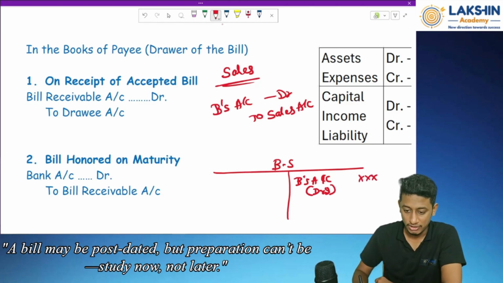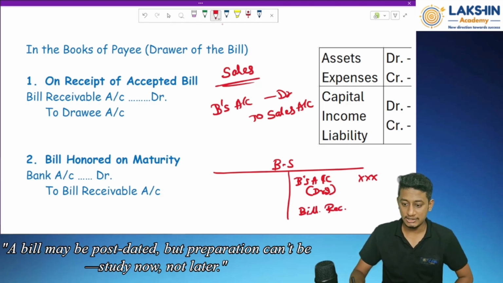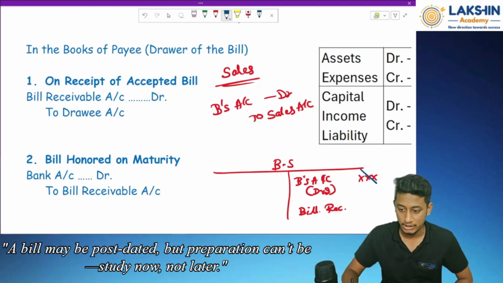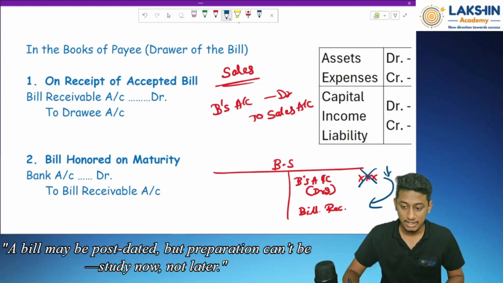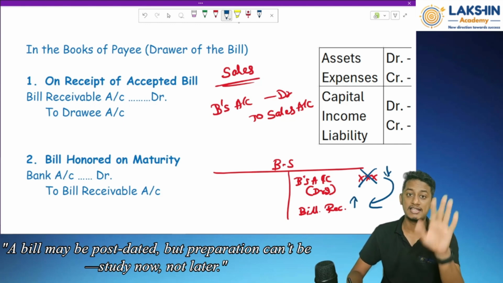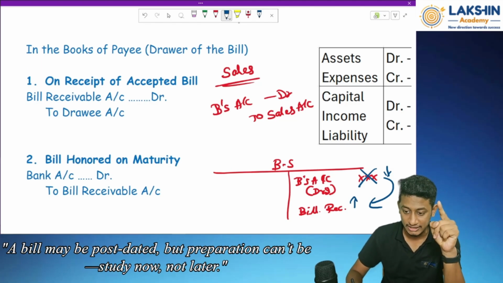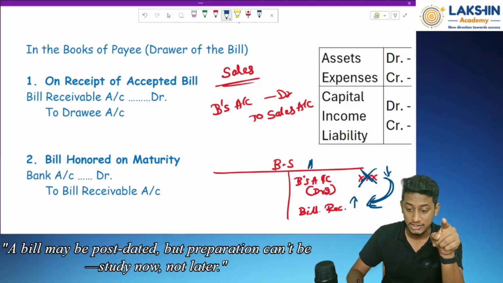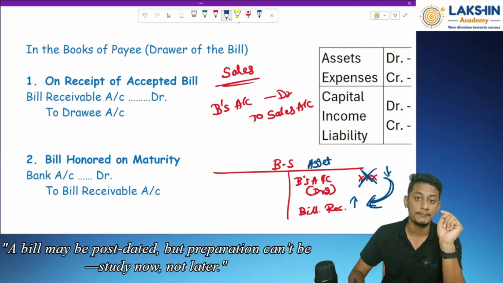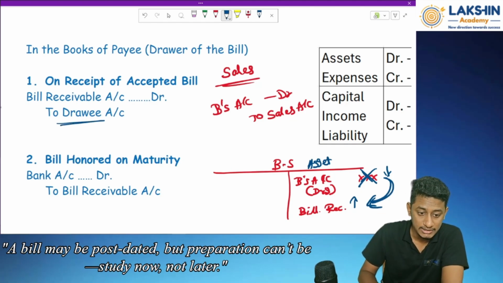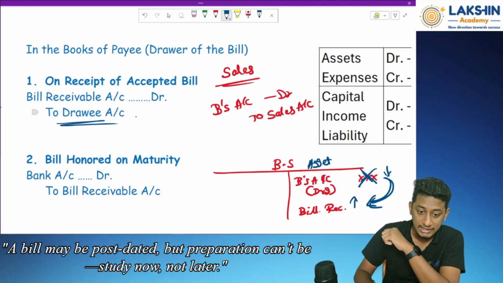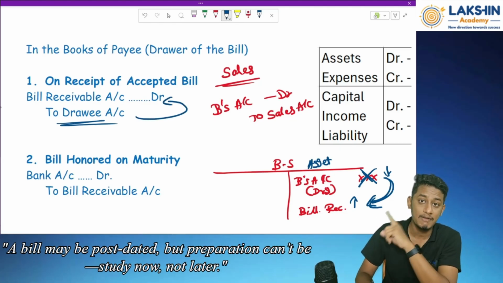Now I am opening a new account, my bills receivable account. What I am doing is cancelling whatever amount was there over here and transferring it to the bills receivable account, on the asset side. So one balance is reduced and one balance is increased, and my balance sheet will tally. Mr. B's, that is the drawee's balance, has been transferred to the bills receivable account.